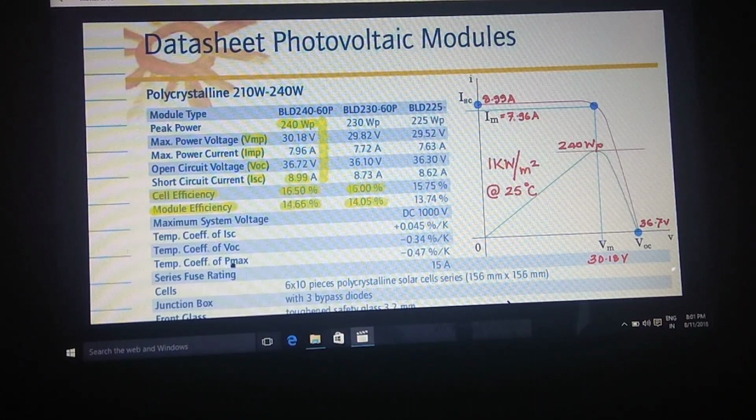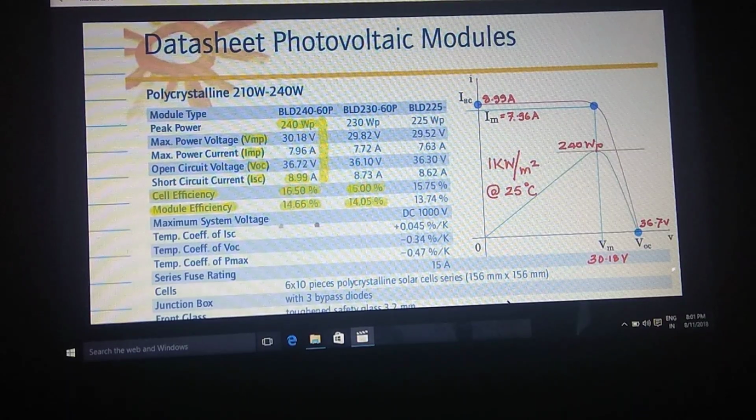Same with Pmax. This is understandable because the temperature coefficient of ISC is positive, temperature coefficient of VOC is negative. The temperature coefficient of power, which is a product of current and voltage, will also be negative, and that is given as minus 0.47% per degree Kelvin.